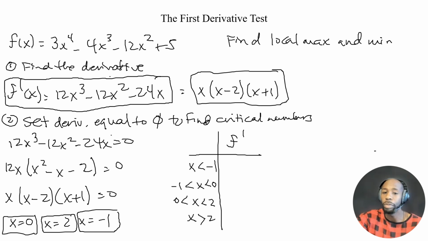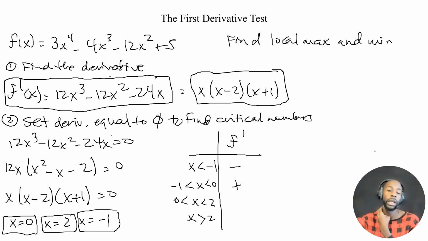Three negatives make a negative. If I had a value between -1 and 0, like -0.5, that would be a negative. The -0.5 minus 2 would also be negative, and then this would be positive. So two negatives and a positive means a positive.